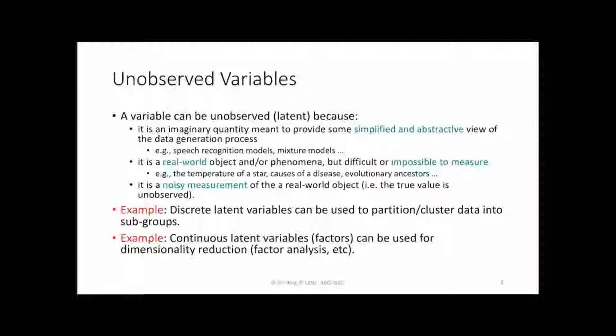A continuous random variable you can view as a factor, a continuous contribution of something unobserved to something that we have observed. For example, in a PCA type of setting, you can view it as a latent loading of each of these factors that we haven't observed. These are just examples of unobserved random variables to give you an idea of what you can put in unobserved and what in observed when you model. We're going to go over some of these examples in the following.